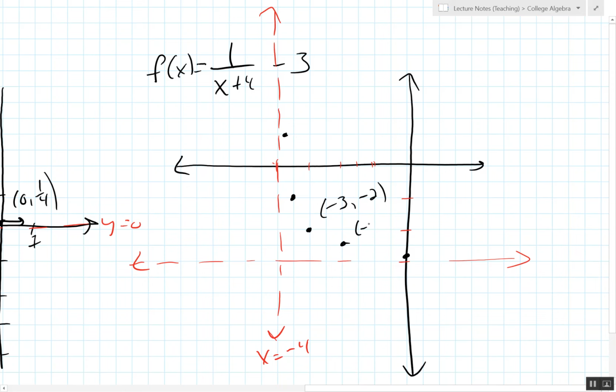So this will be -2, -2.5, and this will be 0, -2.75. And then here we will have -3.5, -1, and then we'll have -3.75, 1 here. And your graph will look like this.